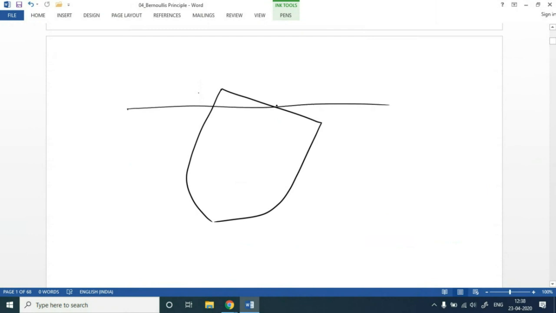Let's say the axis of symmetry will still be like this. This would be the position of the center of gravity, and this was the original position of the center of buoyancy.